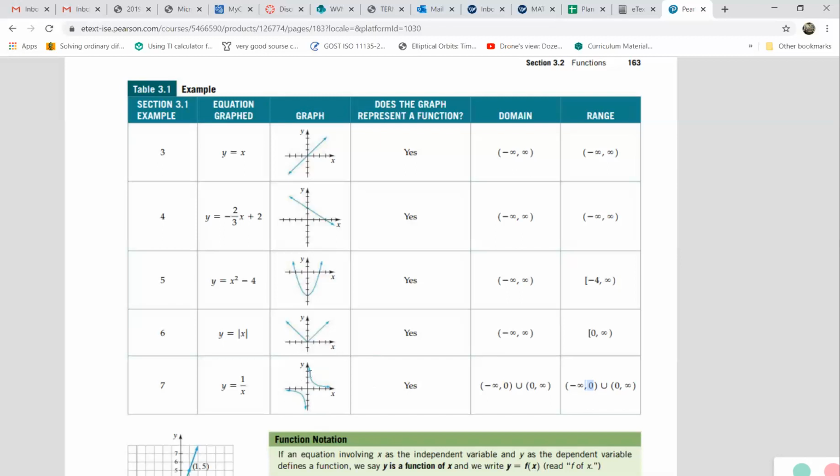If you project this graph on the y-axis, since the right-hand side never touches the x-axis, your y value never includes 0. So you have to exclude 0 from the range of the function. And as you can see, it continues to positive infinity, so you have to include infinity for your range.